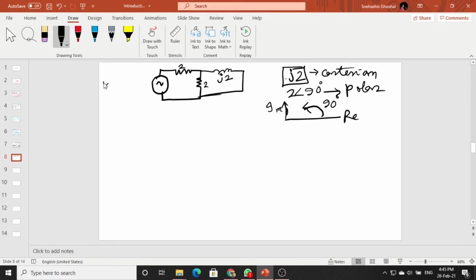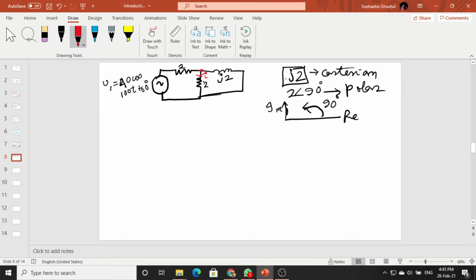Now the value of the voltage is given as V1 equal to 40 cos(100t plus 60 degrees). I want to solve for I, and I have to apply nodal analysis.